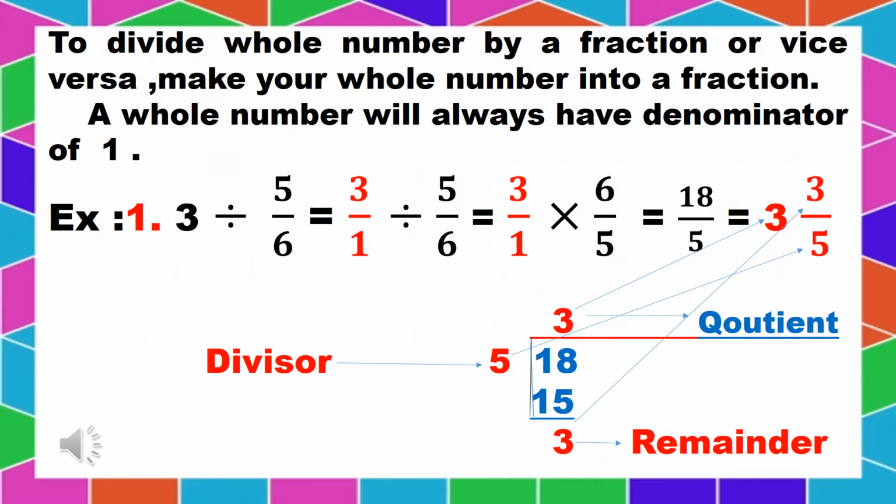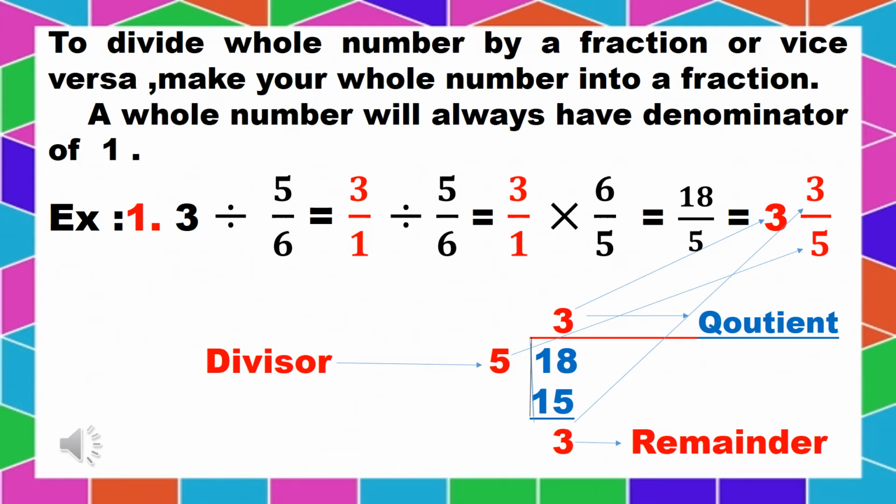So we will now distribute the result. The 3, which is the quotient, will become your whole number. The remainder of 3 will become your numerator, and your divisor, which is 5, will become your denominator. So your answer is 3 and 3 fifths.